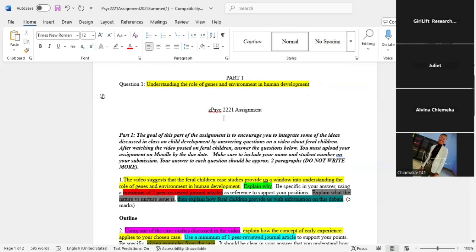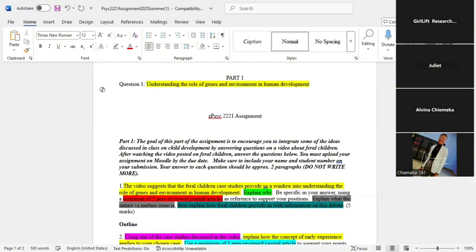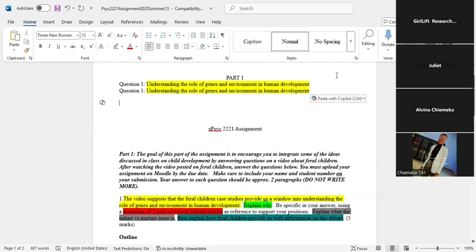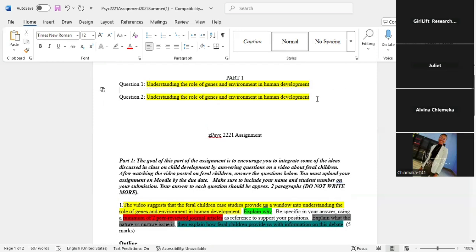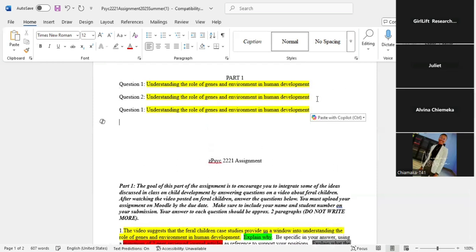So at the end of the day, we'll have question 1, question 2, right? There are four questions in this part 1. Question 3, with our answers actually in paragraphs.